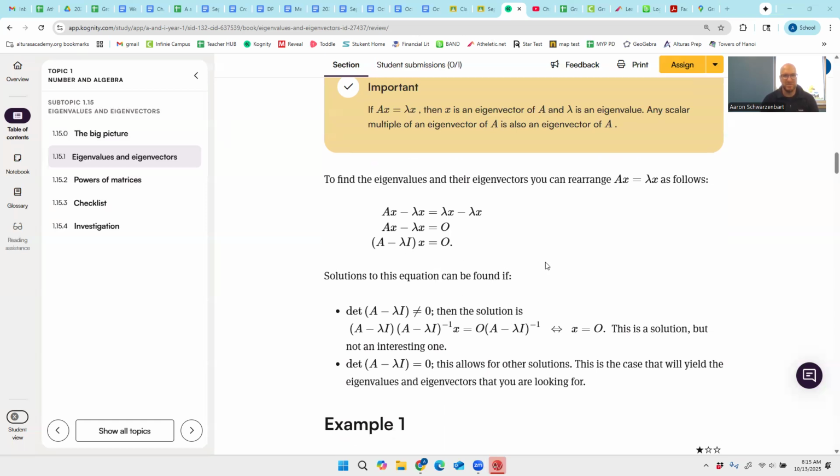Lambda equals eigenvalue, x equals eigenvector. Is this always the notation? Yes, lambda is what we're going to call them. The ones you're going to do by hand are going to be 2 by 2. You will get two eigenvalues, lambda 1 and lambda 2, and they will correspond to two eigenvectors, x1 and x2.